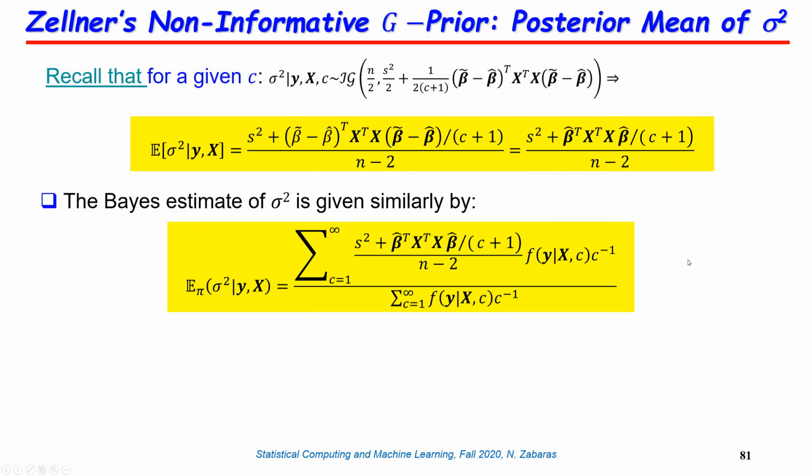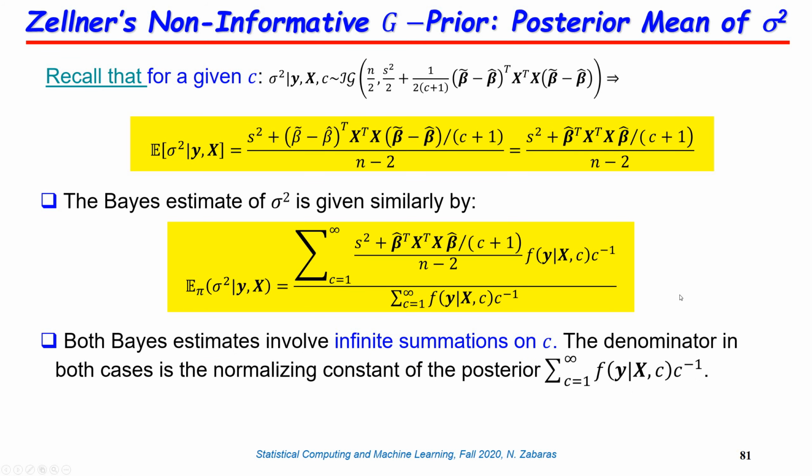Okay? And now you will need to integrate C out, and the idea again is the same as in the derivation of the Bayes estimate for beta. So what we need to do is multiply this with the posterior of C, which is the likelihood times the prior divided by the normalization factor, and that's the Bayes estimate for sigma squared.